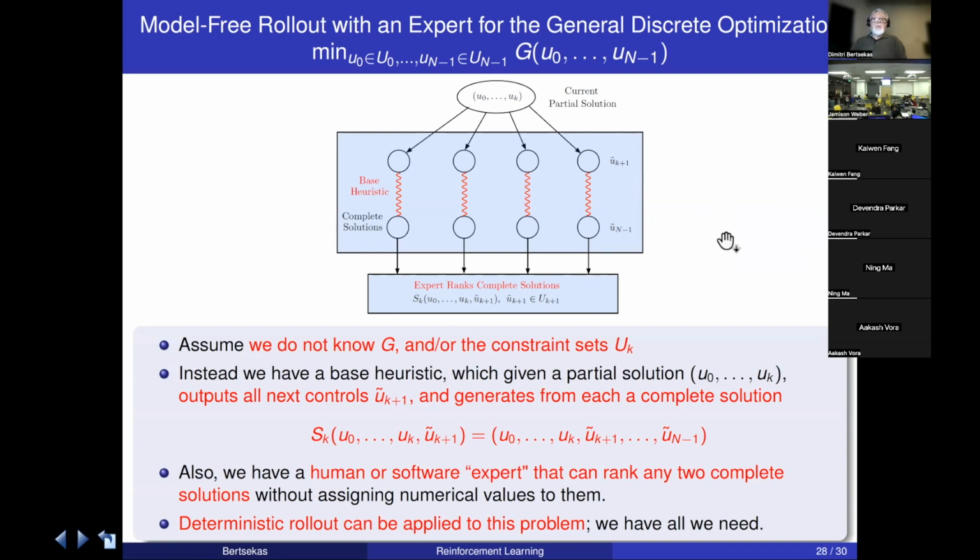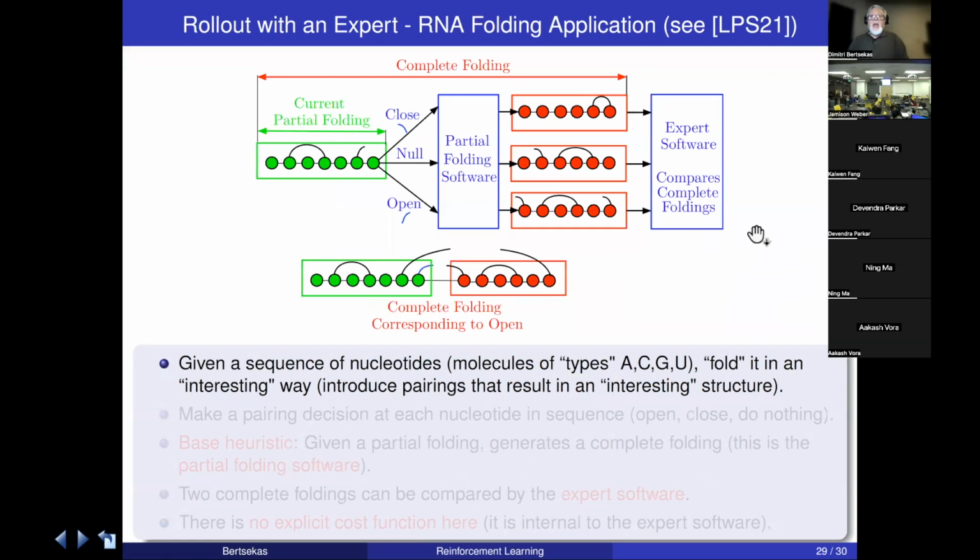Okay, here's an example of which I had personal involvement. And there's a paper that together with collaborators we have published on arXiv a couple of years ago. And this involves an RNA folding application.